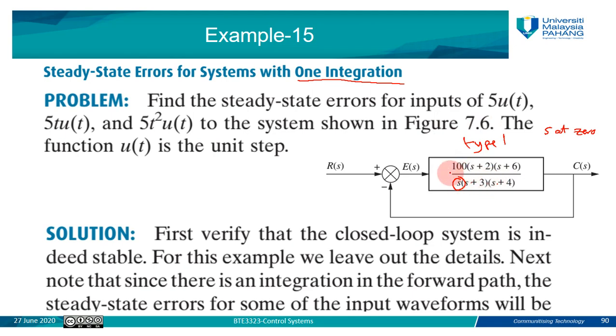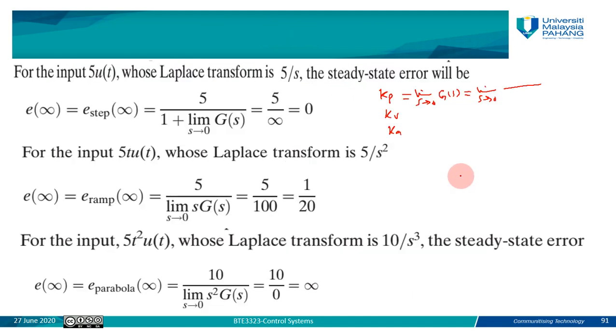Since the s in the denominator is 0, the denominator of the transfer function will be 0. Then the value of Kp will be a number over 0, so it will be infinity. If Kp is infinity, the steady state error will be 5 over 1 plus infinity, so it becomes 5 over infinity, which equals 0. So the steady state error is 0 when the input is 5 over s.